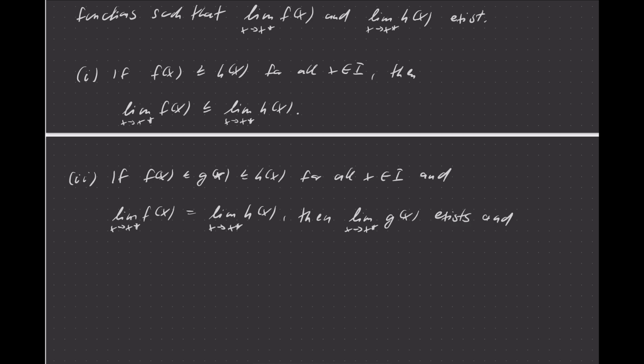And its value is of course equal to the one of those two other functions. So we can say the limit of g of x as x tends to x star is equal to the limit of f of x as x tends to x star.